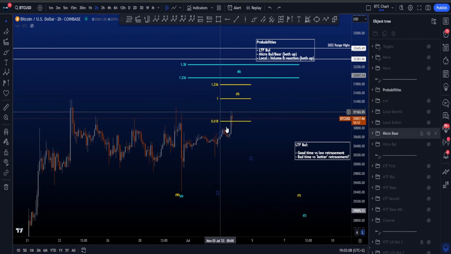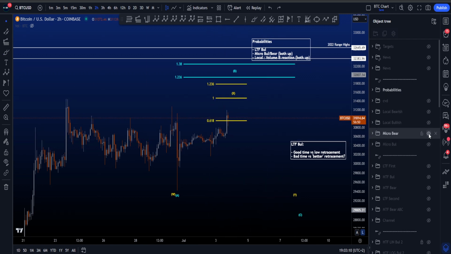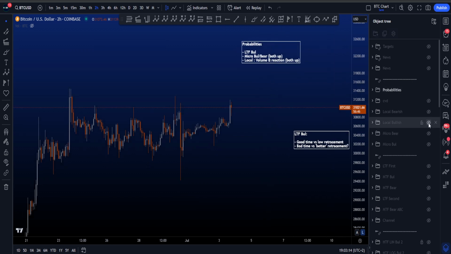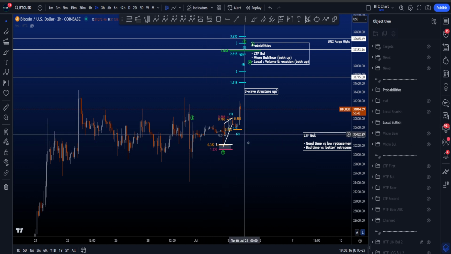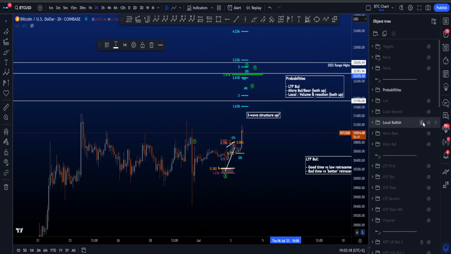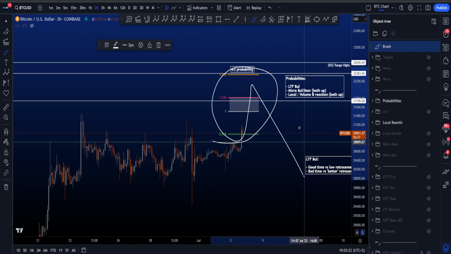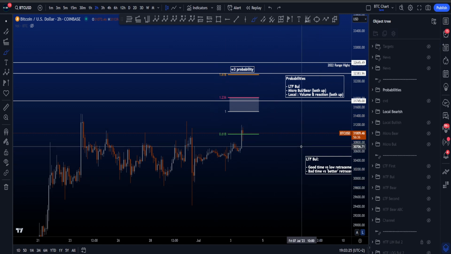So we have to wait and see what price is then going to do more locally. And if we look at the more local scenario over here, which is either the 1-2-1-2 scenario to the upside, or the bearish scenario, where we want to see a move back towards the downside, which is basically the same as the micro.